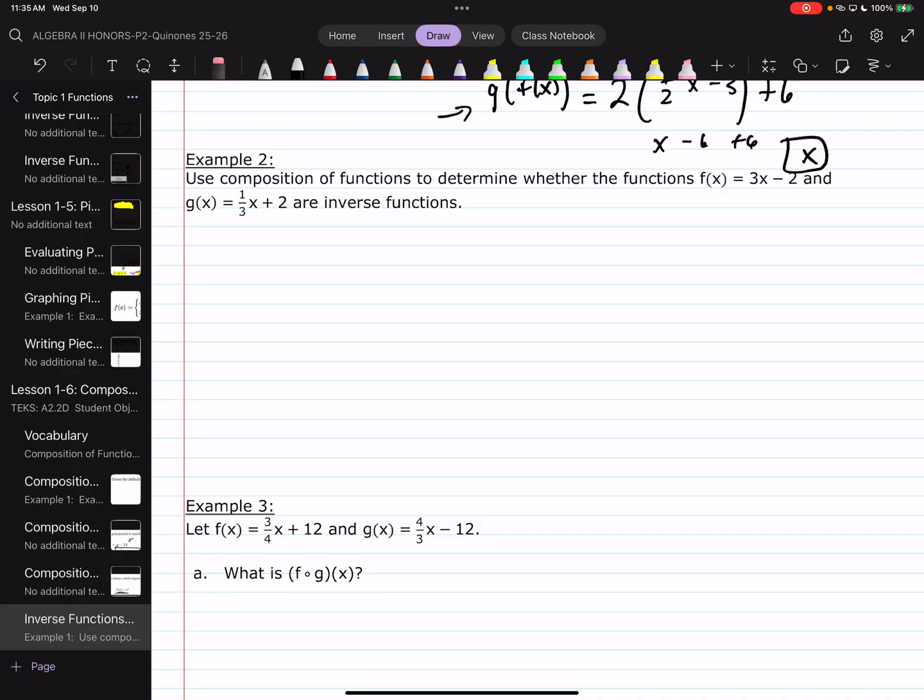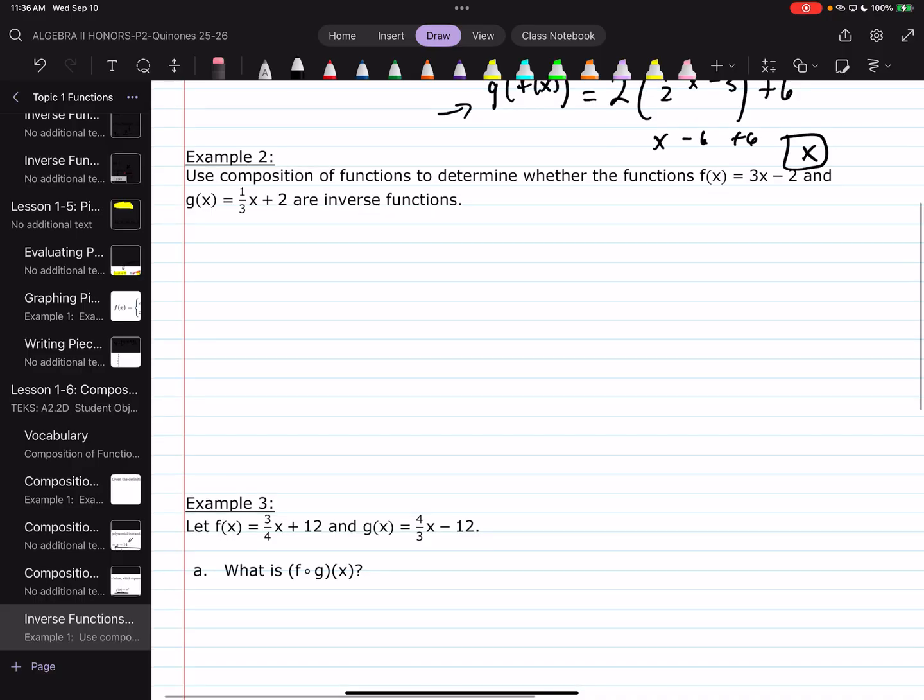Alright, everybody, here we go. Short answer, yes or no? No. Why? Let's take a look. Let me use the other notation.